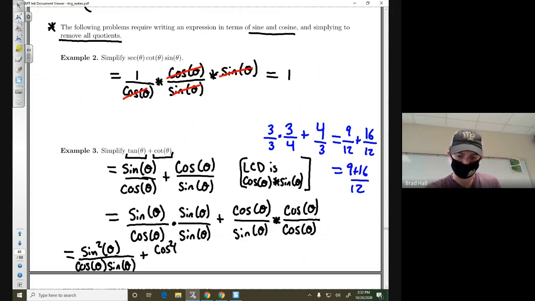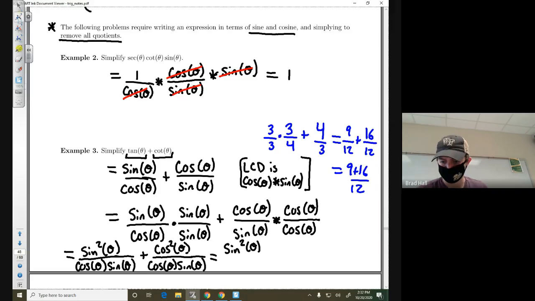It's cosine squared of theta, over the cosine of theta, sine of theta. And now we intentionally unsimplified the problem because we could cancel, but then we'd end up right back where we started. But now that we have a common denominator, we can add the numerators together, which gives us sine squared of theta plus cosine squared of theta divided by the common denominator.